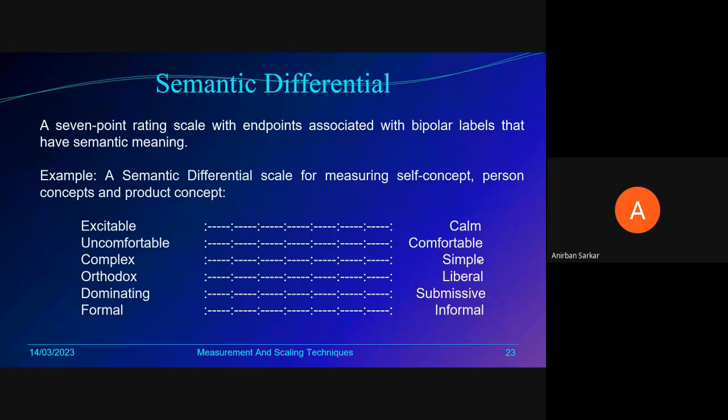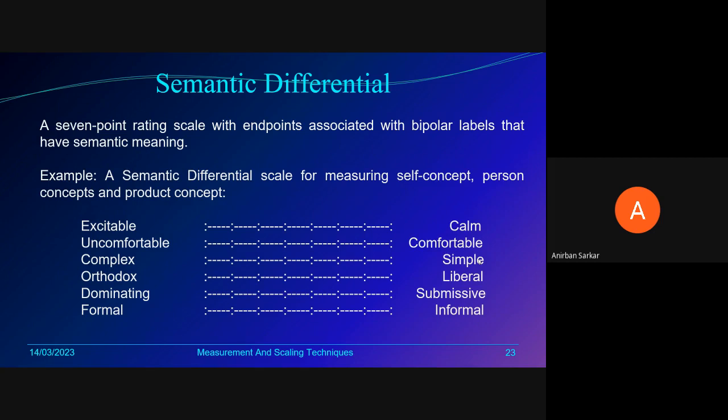These are bipolar points that are being used in the semantic differential scale. Now, what are bipolar points? Bipolar points means extremes. See here, one extreme is excitable, the other extreme is calm. Uncomfortable, comfortable, formal, informal, dominating, submissive, orthodox, liberal, complex, simple.